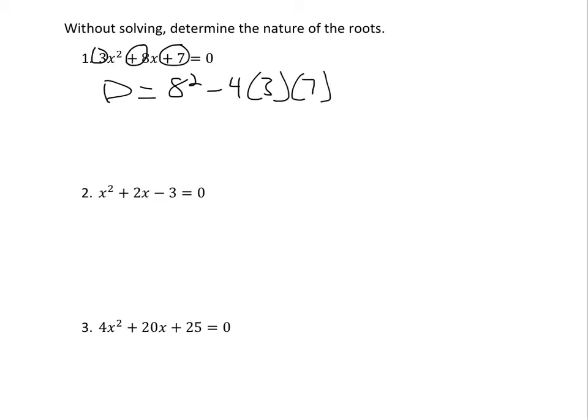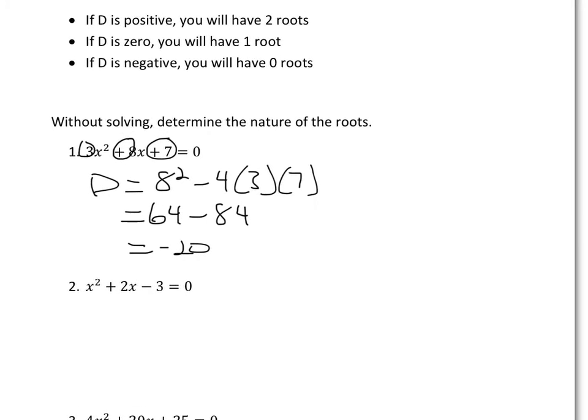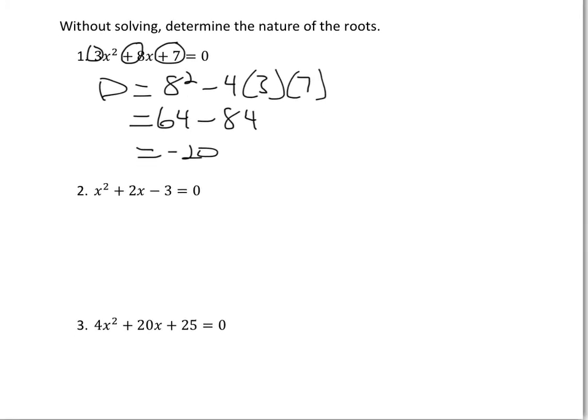Okay, 8 squared is 64, and 4 times 3 times 7 is going to be, let's see, I'm going to do my calculator. 12 times 7 gives us 84. So we have 64 minus 84 equals negative 20. So now, remember that up here, I said if d is negative, you're going to have 0 roots. So, the answer is 0 roots.